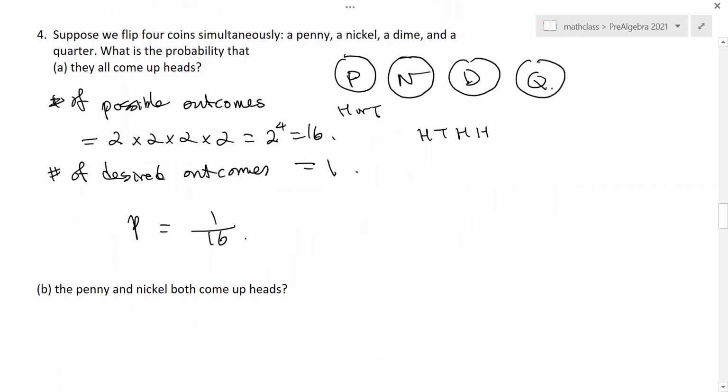A penny and a nickel both come up heads. So the 4 coins can land 2 different ways, heads or tails. Remember that, right?